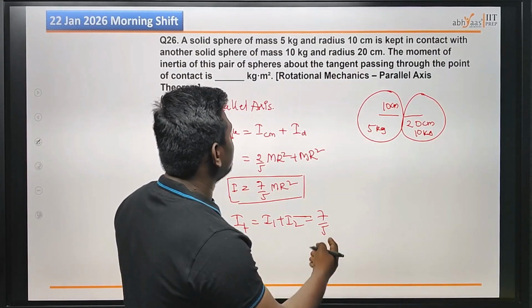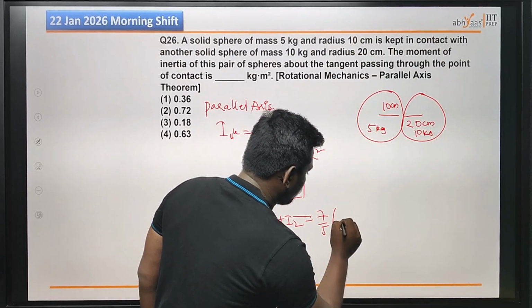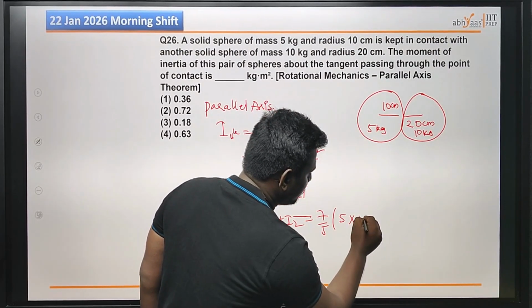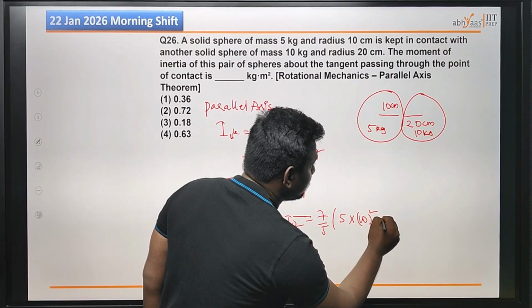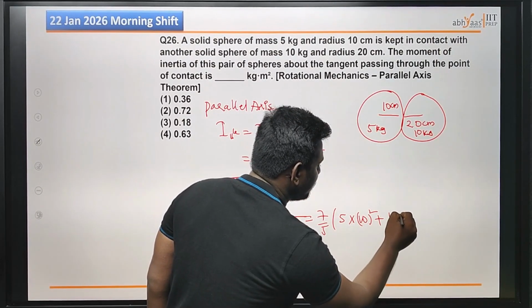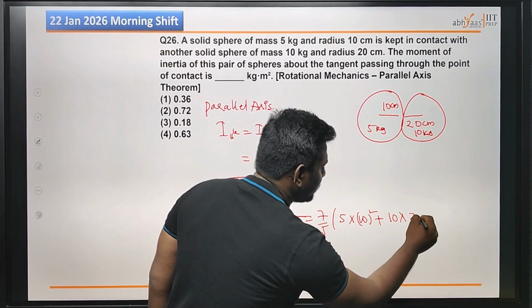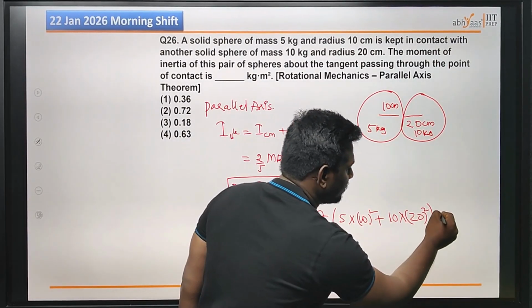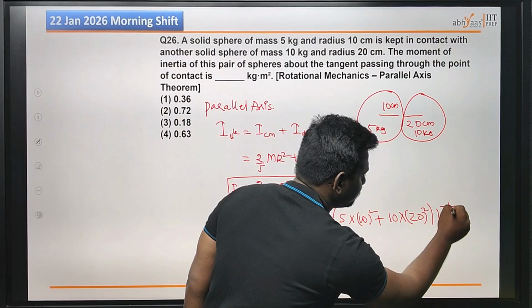I am writing directly, please consider. So 5 into 10 whole square plus 10 into 20 whole square. It is in centimeters, you have to convert that into meters.